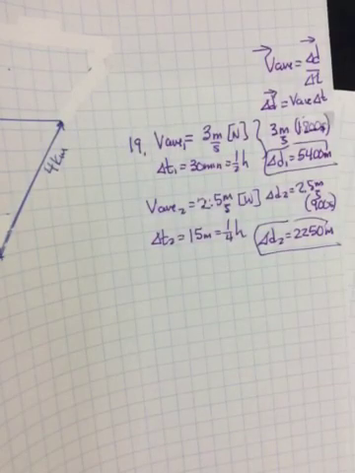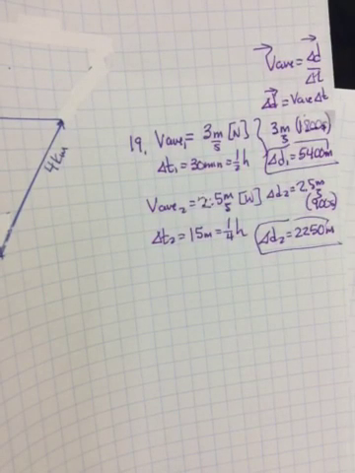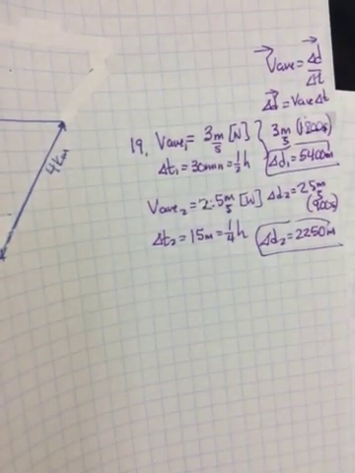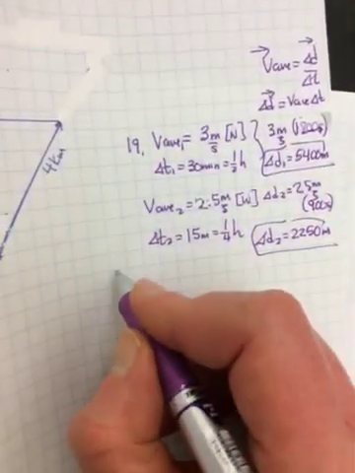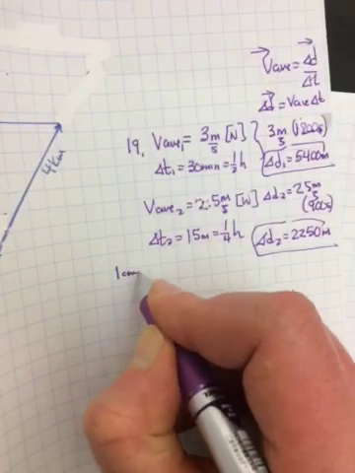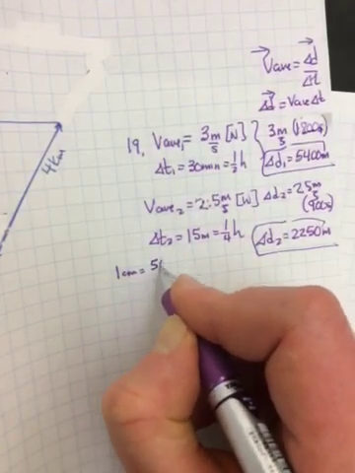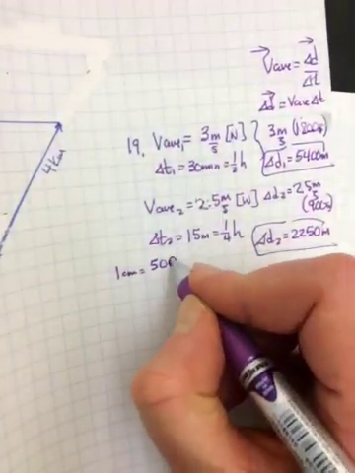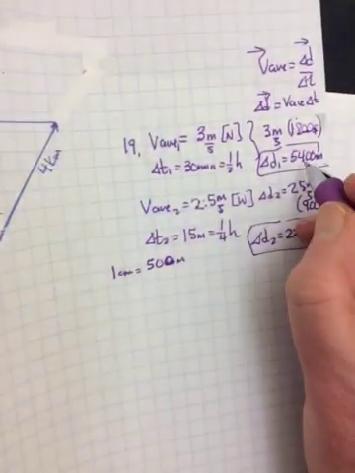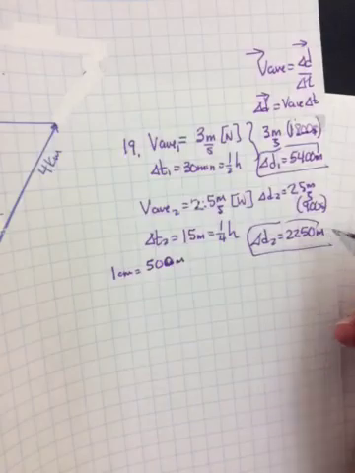I don't know, what scale should we use? Looking to see what I did when I drew my picture. Maybe if you did 1 to 50. Okay, so 1 centimeter equals 50 meters. Because or 500, sorry, not 50, 500. That would make this one 10.8, and that would make this one 4.5.